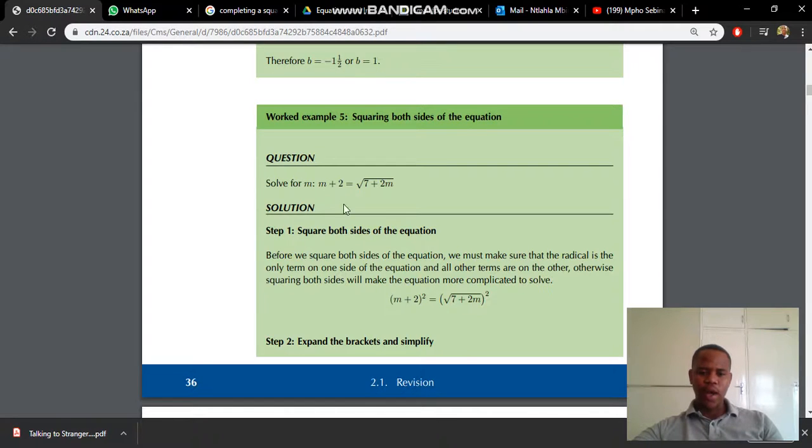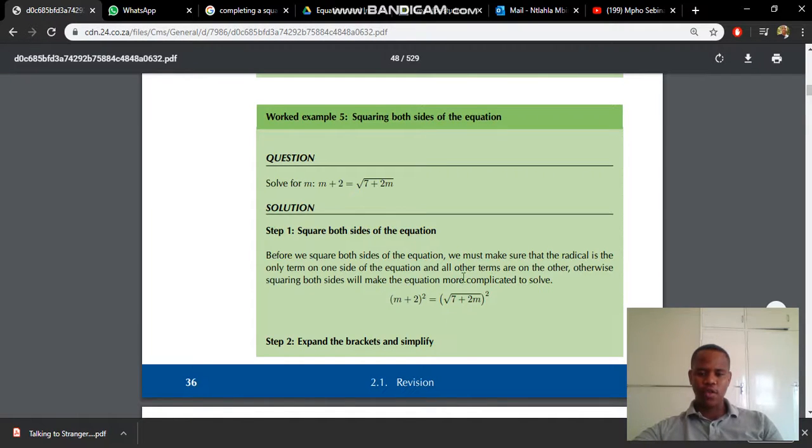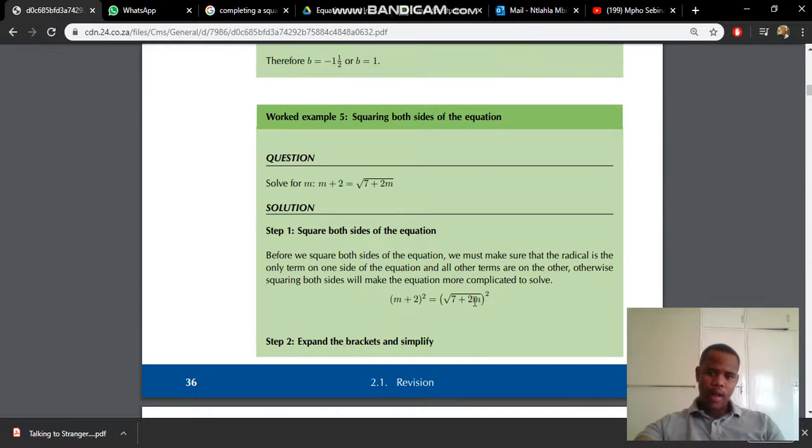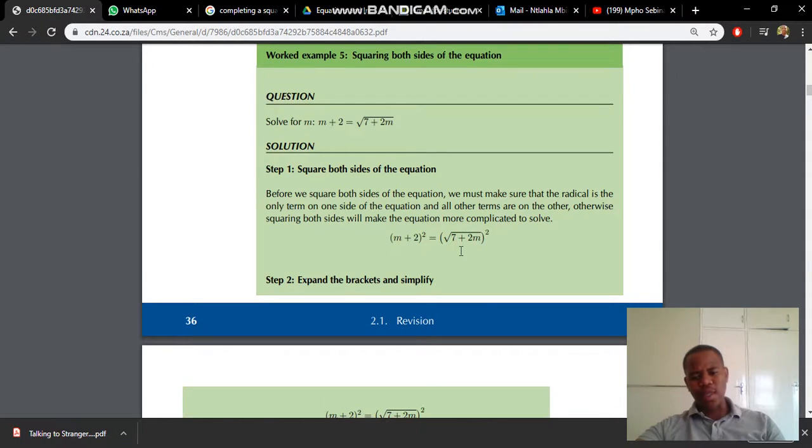The first thing you would like to do is to square both sides to get rid of that square root. A square root is like to the power of a half, so when you square, you're really getting rid of that half.